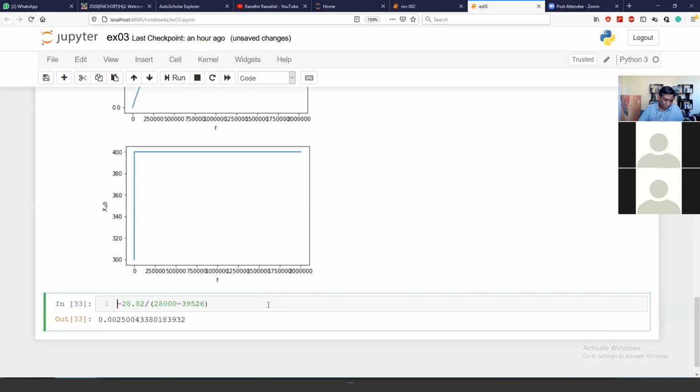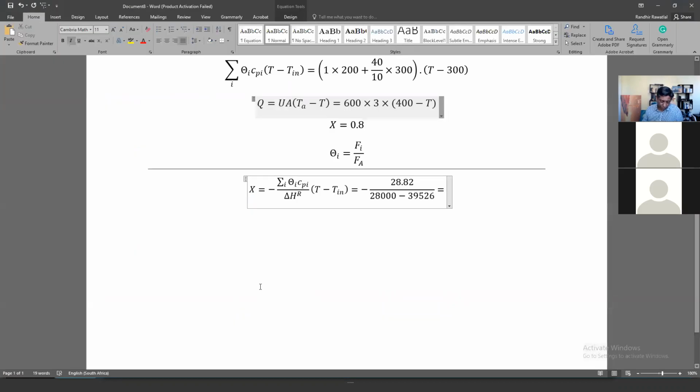And I'm actually going to multiply that by 100. So the answer is 0.25. So it's 0.25 divided by 100, right? That's how we can write that.